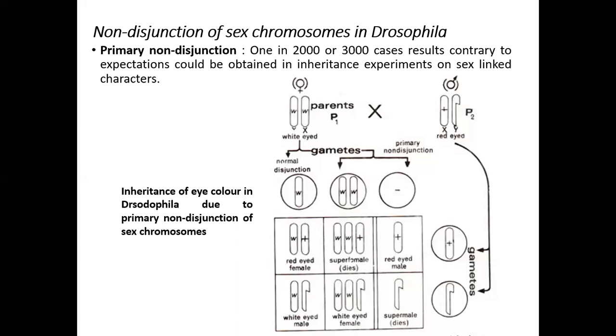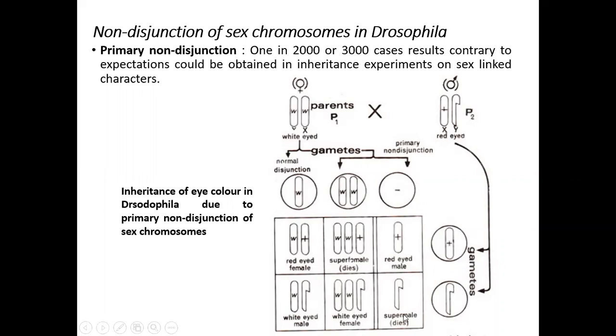Here is the inheritance of eye color in Drosophila due to primary non-disjunction of the sex chromosomes. Here you can see the triplets. The super female will die. But this is the white-eyed female, carrying two X chromosomes, and it survives.